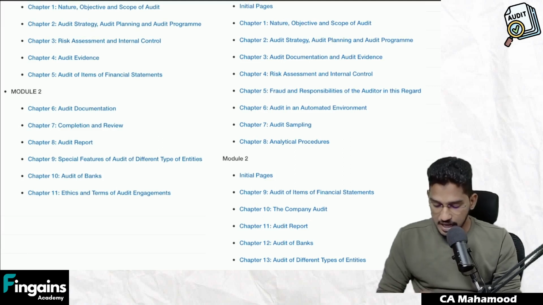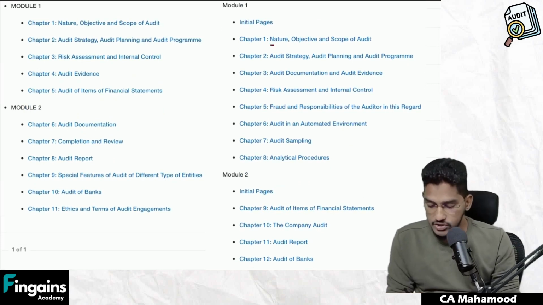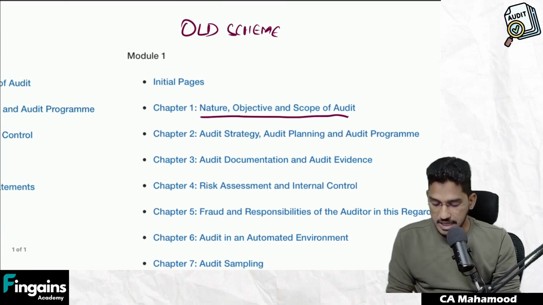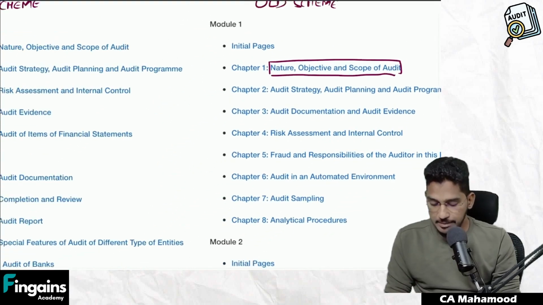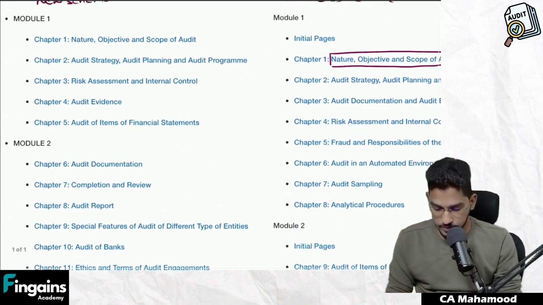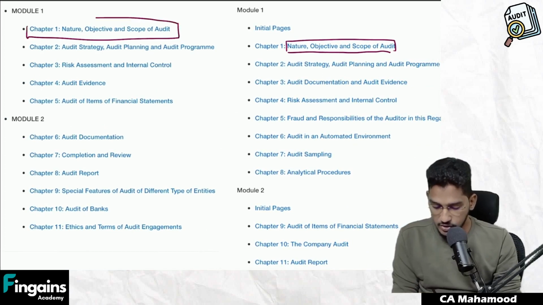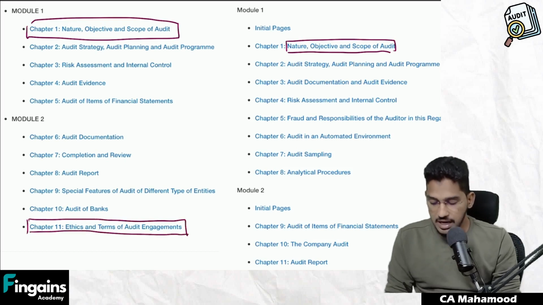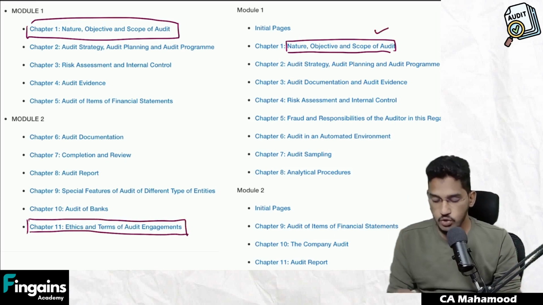First, I will start with the old scheme. Under the old scheme, we have a chapter called nature, objective and scope of audit. Able to see here? Under the new scheme, this chapter has been divided into 2 chapters. Under the new scheme, chapter number 1, nature, objective and scope of audit, and chapter number 11, ethics and terms of engagement, are nothing but in our old scheme given as a single chapter, nature, objective and scope of audit.